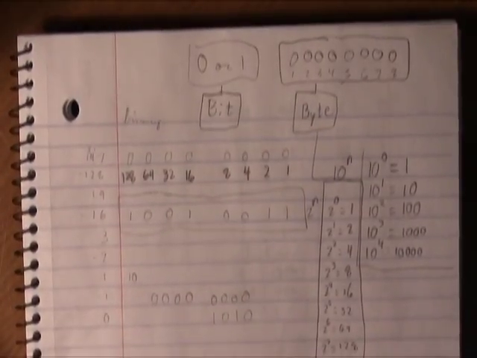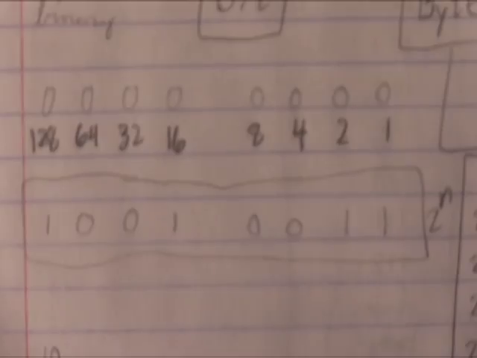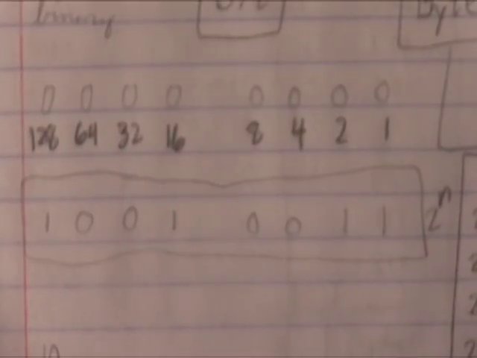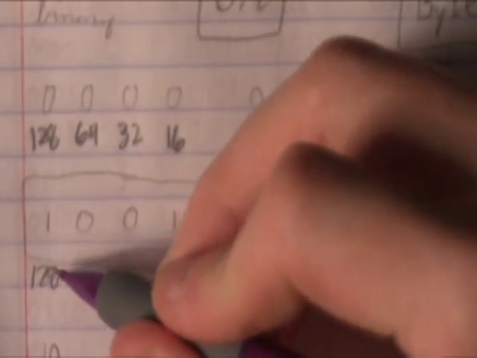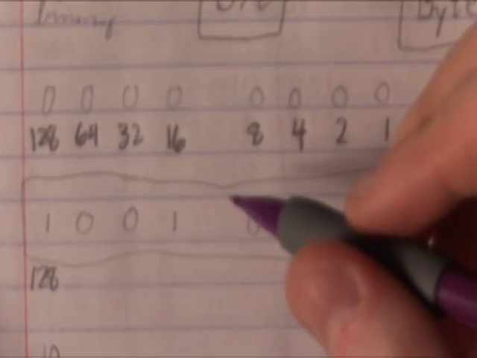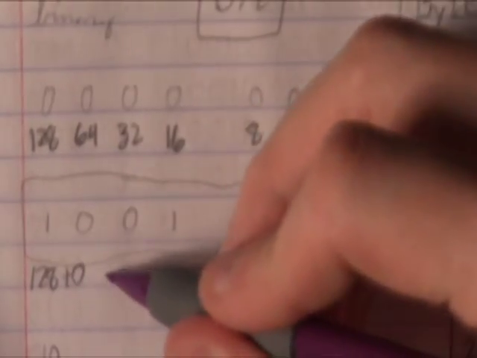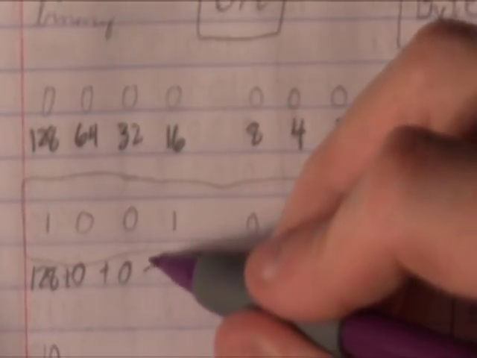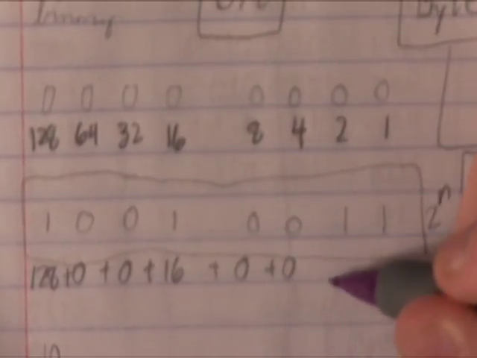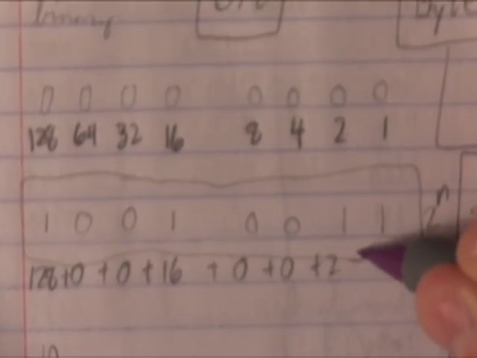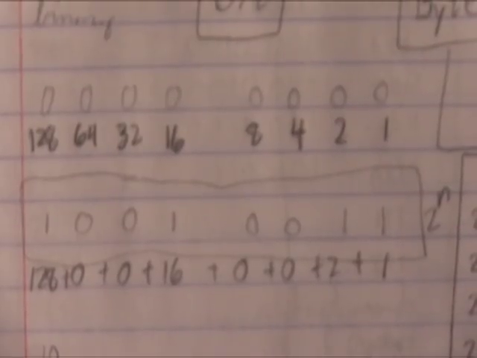I'll give you a minute to think about it. Think it through. 128 plus nothing, plus nothing, plus 16, plus nothing, plus nothing, plus 2, plus 1.